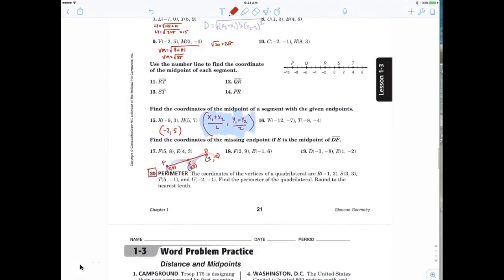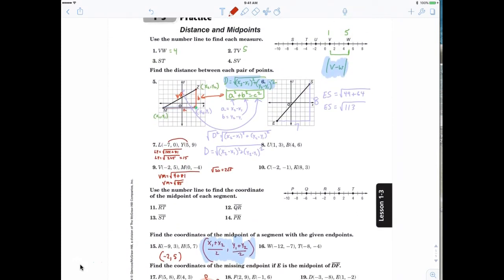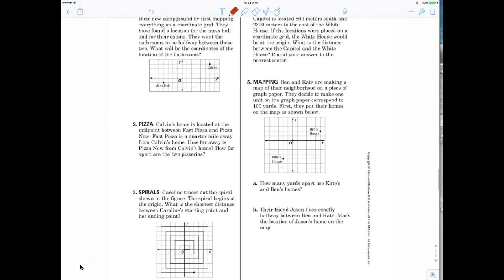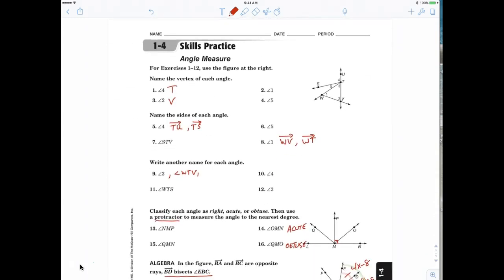Okay, so I've accomplished everything I want to accomplish. Listen, you guys got to put in some time. I'm going to check, but you guys are big kids. When I tell you to do something, it's not optional, right? So I want you to try to finish up 1-3. I want you to do the word problems on 1-3, and then 1-4. You have lunchtime.